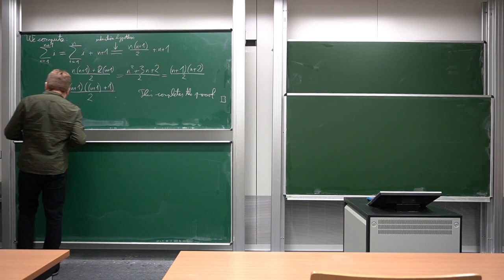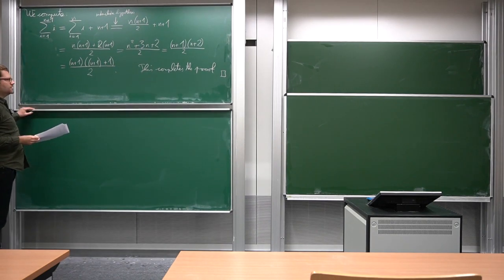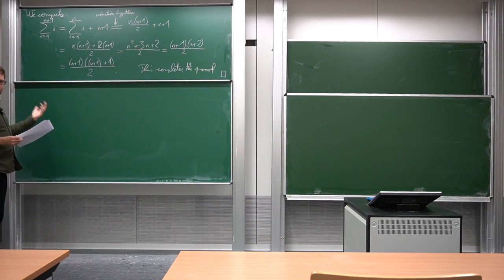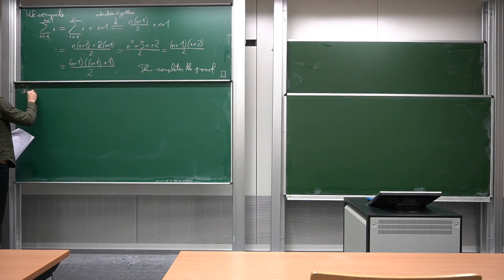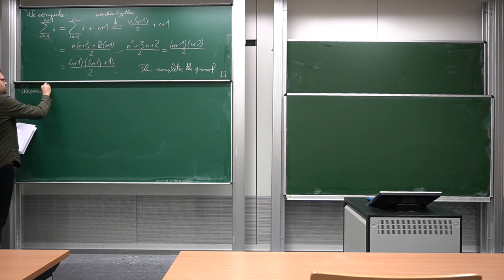Okay, as another example of induction, there's another important inequality which doesn't look as beautiful as the one of Gauss or as the result of Gauss before, but which turns out to be very useful later on for certain estimates. And this is Bernoulli's inequality.